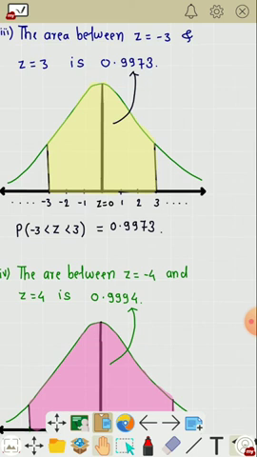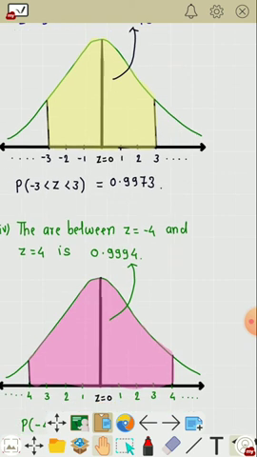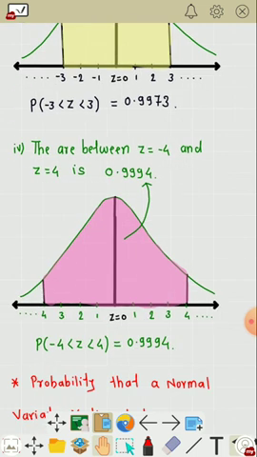Similarly, we can find the probability of variable z in between -3 to 0, and that probability is also exactly half of the probability of z from -3 to 3. So here also we observe that the probability of variable z from 0 to 3 is the same as the probability of variable z from -3 to 0. That is a very simple thing.